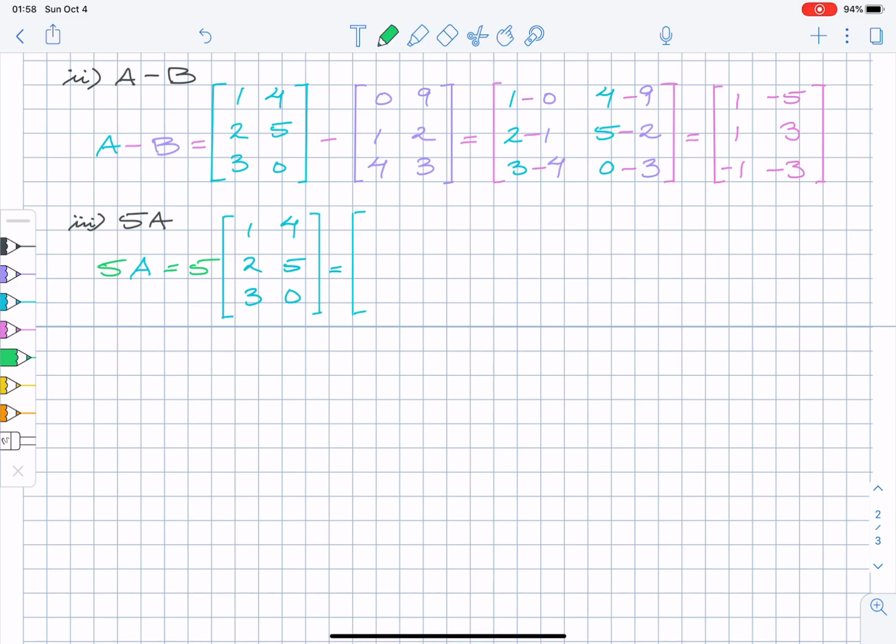So this will be 5 times 1, 5 times 2, 5 times 3, 5 times 4. Each entry gets multiplied by 5. 5 times 5.